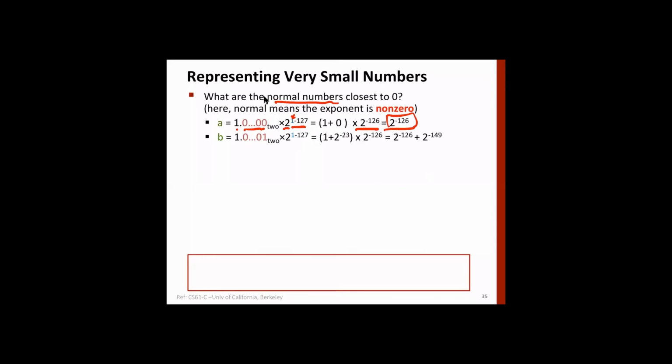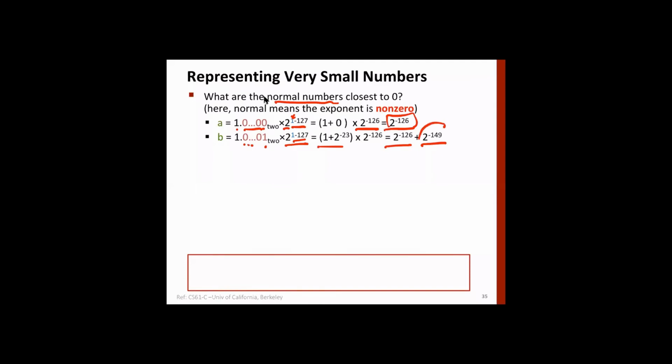And then what is the next number that we can represent? It will be 0, 0, 0, 1, and the exponent remains the same, because this is the smallest exponent we can have. So it becomes 2 raised to the power minus 126 plus 2 raised to the power minus 149.